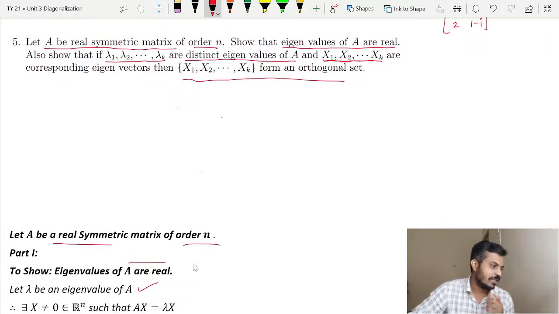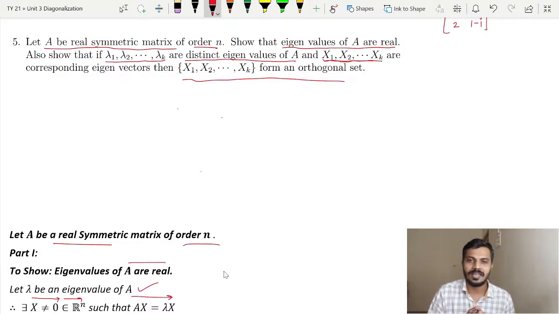Since lambda is an eigenvalue of A, according to the definition of eigenvalue, there will exist some non-zero x belonging to R raised to n such that Ax is equal to lambda x. This is simply the definition of eigenvalue and eigenvector which we have seen.